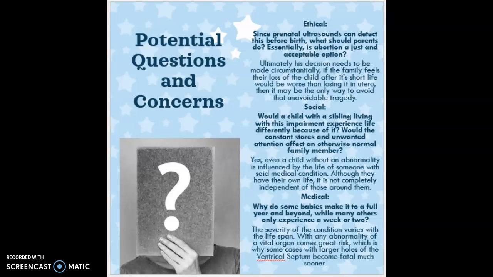I'm going to touch on all 3 of them, but there's many more questions out there. Ethically, my focus is going to be, since prenatal ultrasounds can detect this before birth, what should parents do? Essentially, is abortion a just and acceptable option? My opinion is that this decision needs to be made circumstantially by each family.